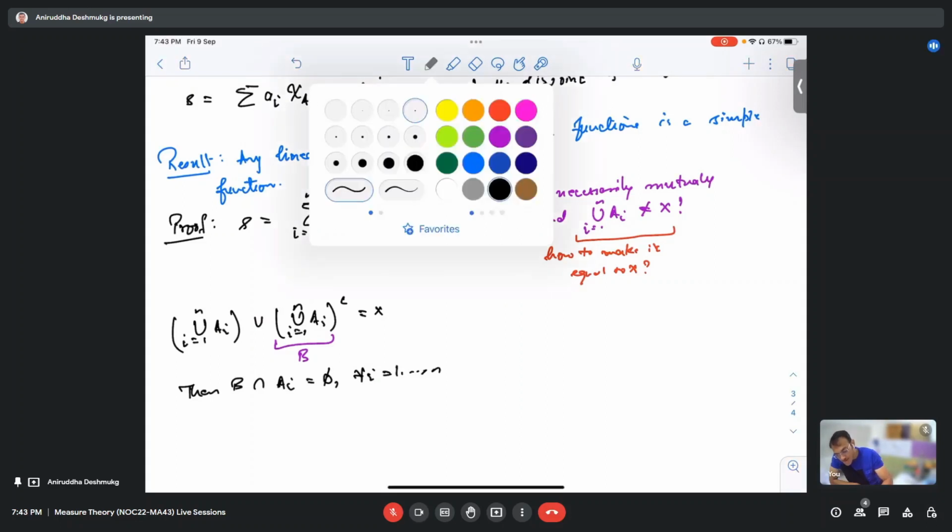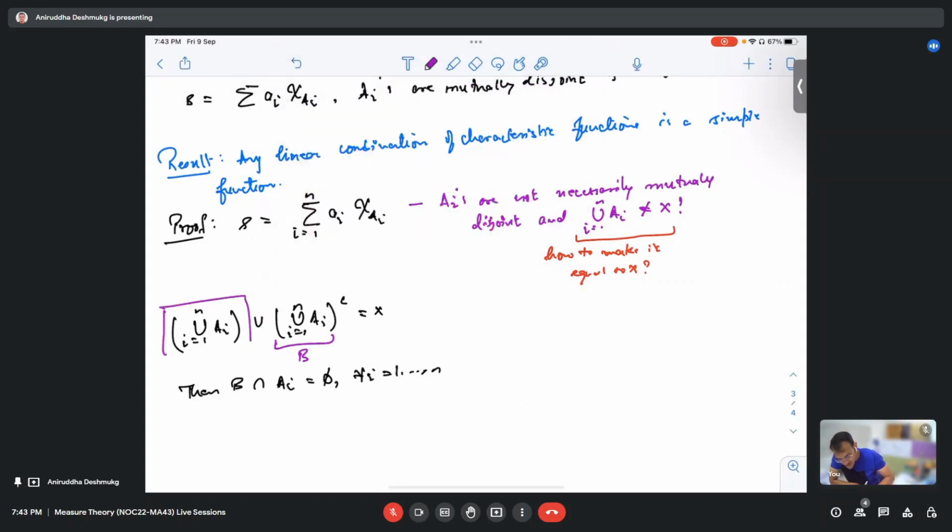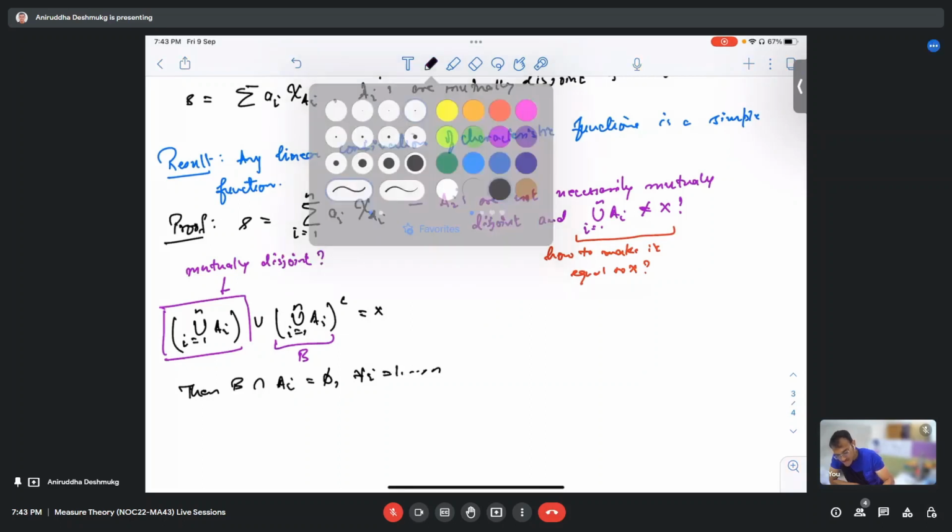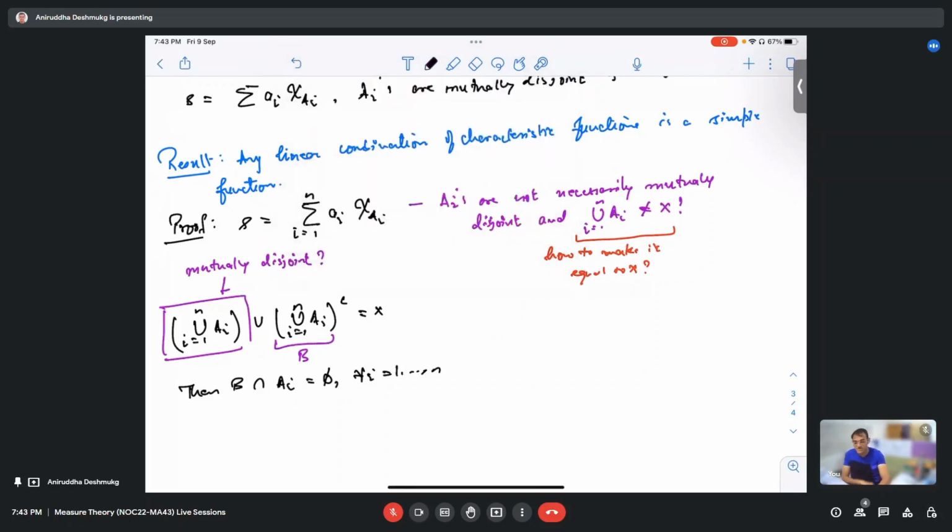Now somehow I want to make this mutually disjoint. So how to do that? Any ideas?